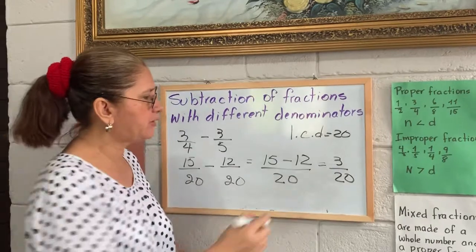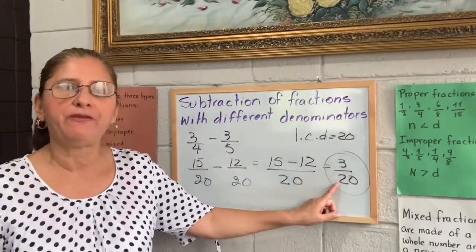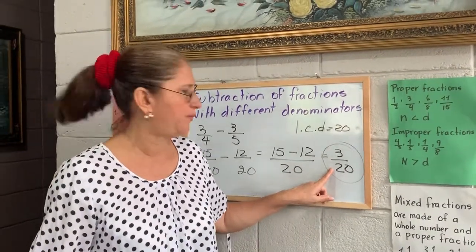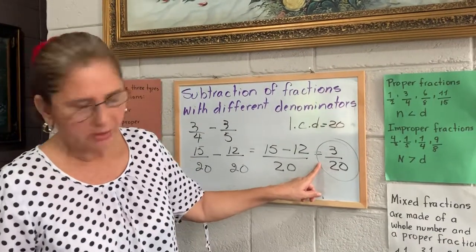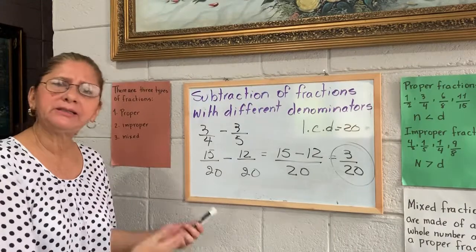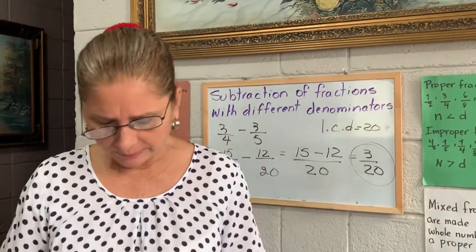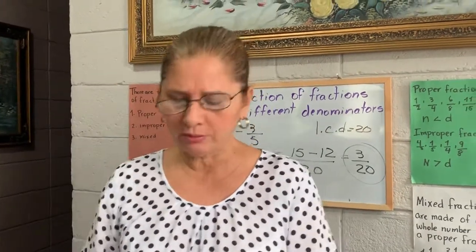And this is the result. And you have to simplify, but in this case we cannot simplify this fraction. This is the answer, 3/20. And this is the procedure you follow to subtract fractions with different denominators.